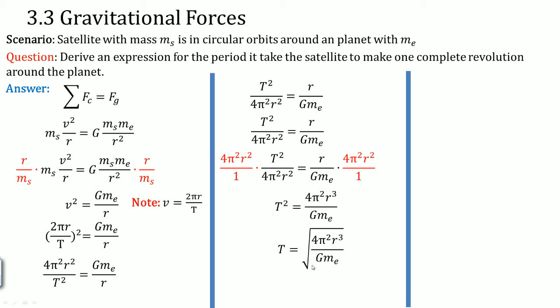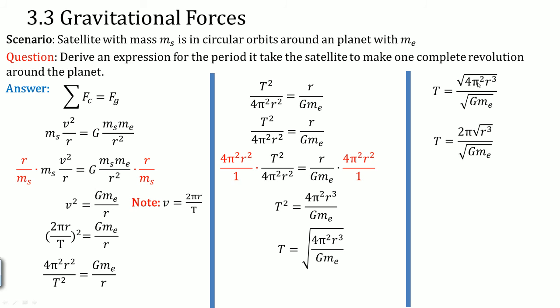Now I'm going to take the square root. The square root here will get me the square root of 4 pi squared r cubed divided by big G me. Okay. You can work with this version, but this version can still be simplified. You break up the radical into two parts, the upper part and the bottom part. The radical 4 breaks down to 2.